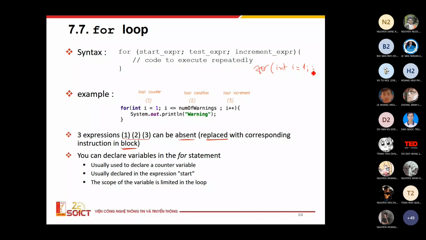If you miss something, you leave it blank, but you keep the semicolon. Okay. E++, for example, like this. And then you have to check E in here.